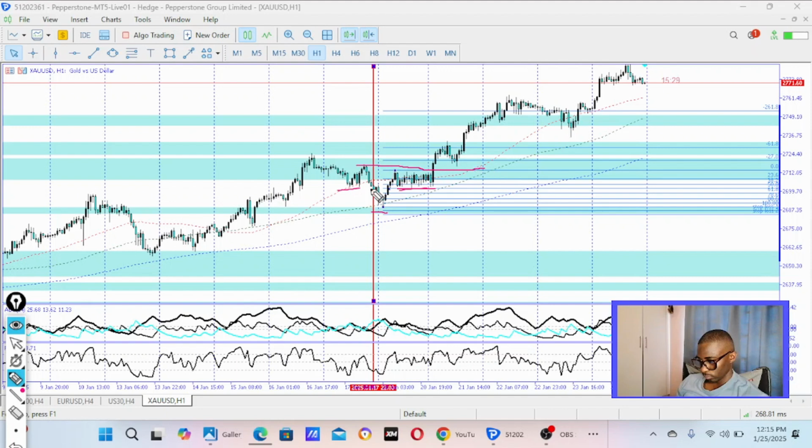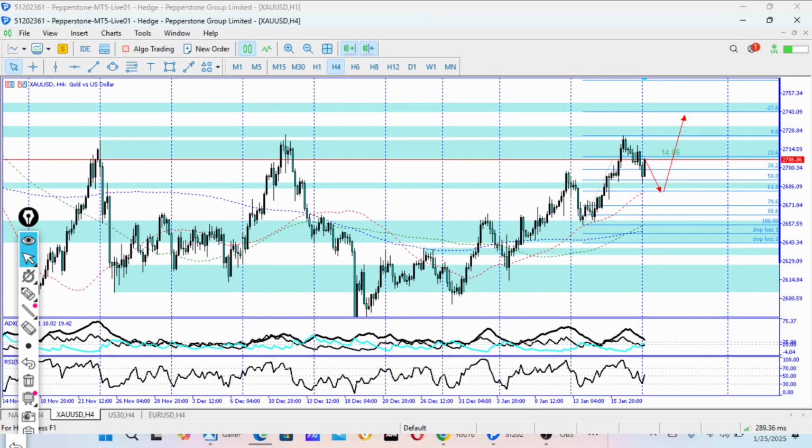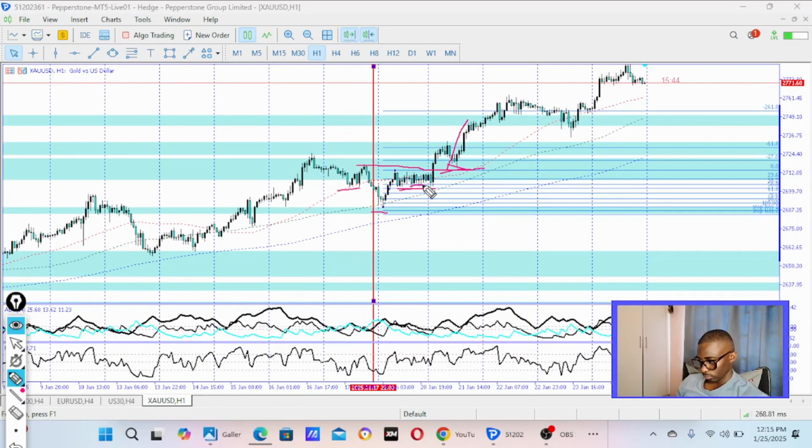I love neckline retests so much, and price continued to push up. So these are the two entries we could have gotten on the pair gold for this week. Now let's get to the coming week analysis.